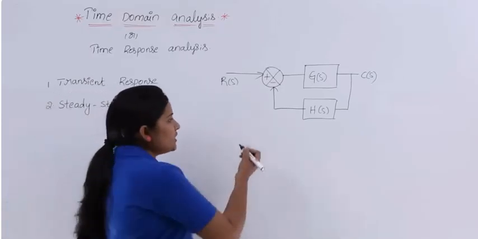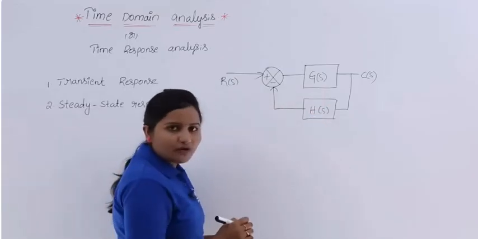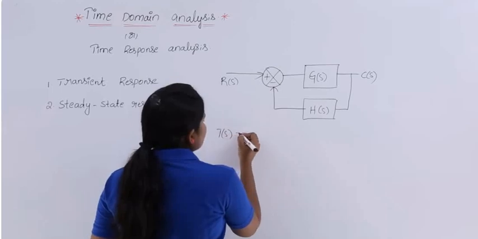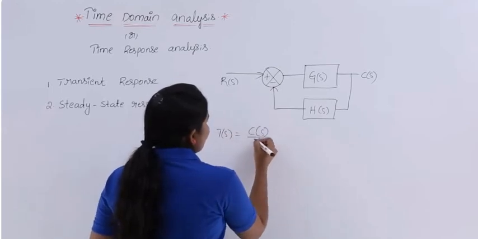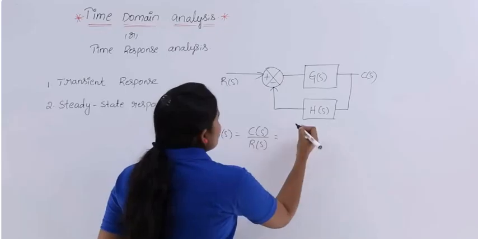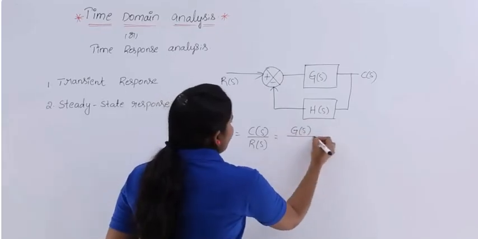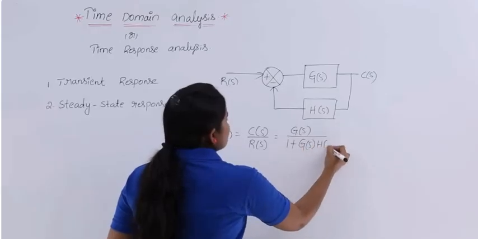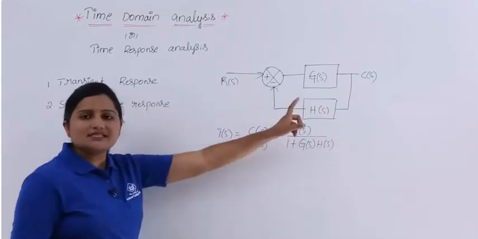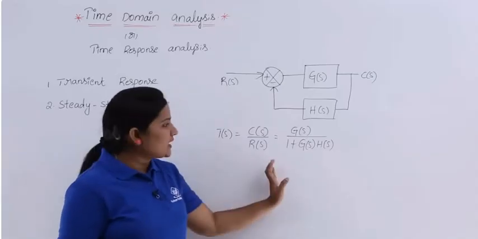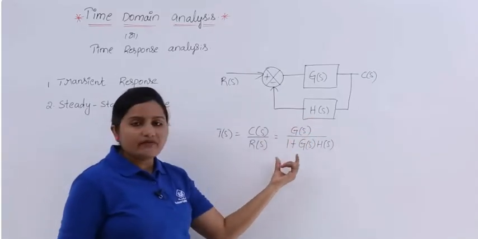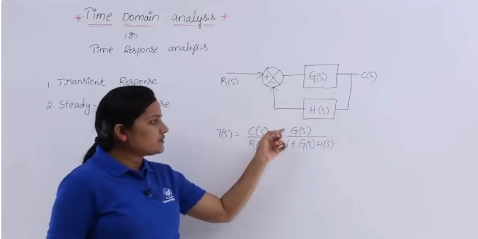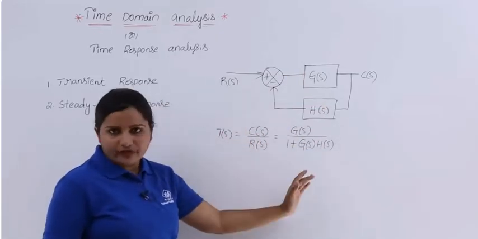From the knowledge of negative feedback systems, the transfer function T of S is C of S by R of S, which is equal to G of S divided by 1 plus G of S into H of S. That means open loop gain divided by 1 plus open loop gain into feedback gain. This is the transfer function of the negative feedback system.